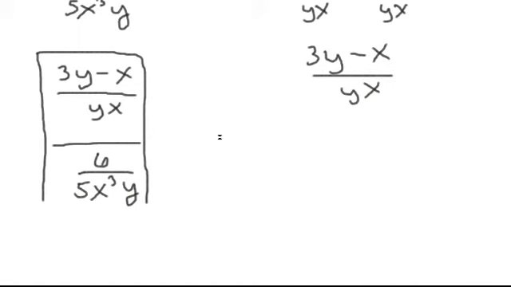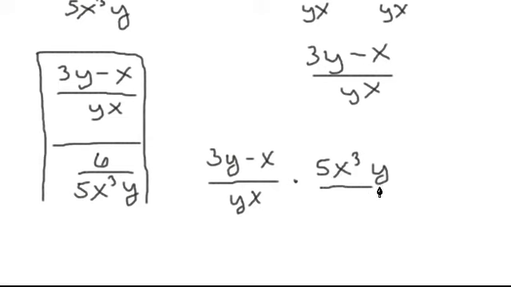So what we're going to do now is just rewrite the numerator, 3y minus x over yx, and of course we're going to bring this up, but remember we've got to flip this, so this becomes 5x cubed y over 6.